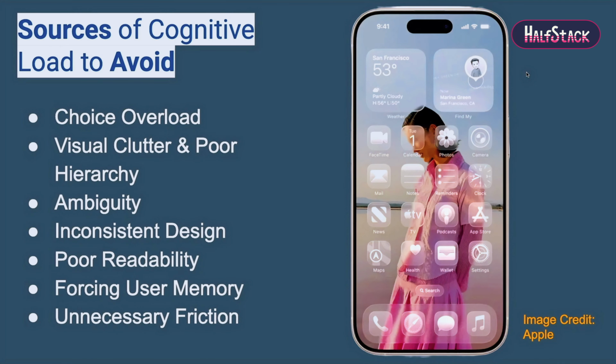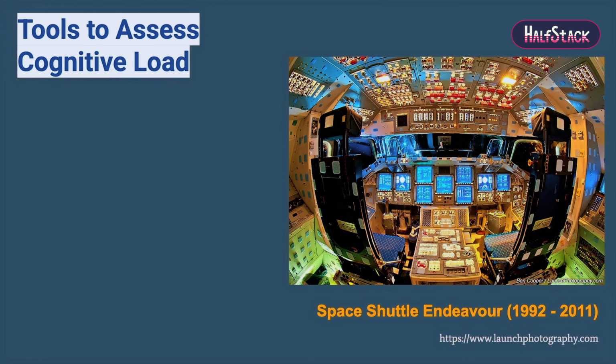So if you are interested in understanding cognitive load, I just wanted to give the professionals in here some tools that are available. This is a picture of the space shuttle, which I think is about as complex as you could get for a driving environment. But NASA has this task load index, which allows you to check your UI and identify using math the actual cognitive load of your products.